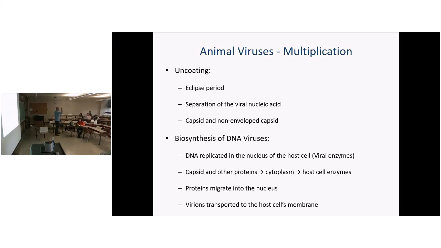You use some of the machinery in the cytoplasm to form the DNA molecule. That DNA molecule then goes inside the nucleus, attaches to the chromatin, and from the chromatin starts to produce proteins or mRNAs that will give rise to probably the capsid and other things that the virus might need.